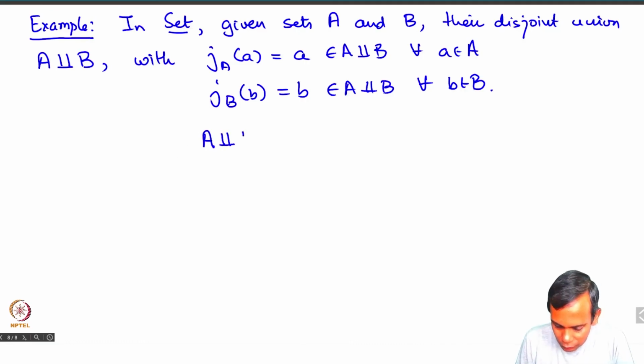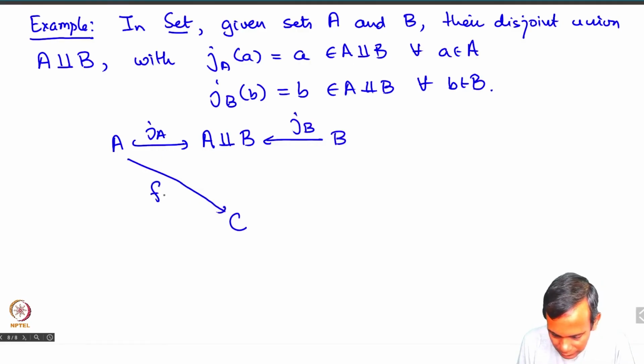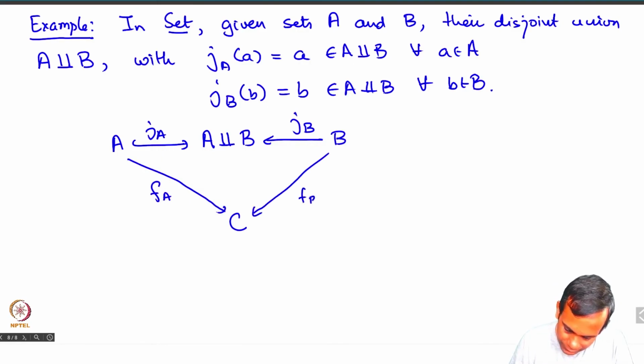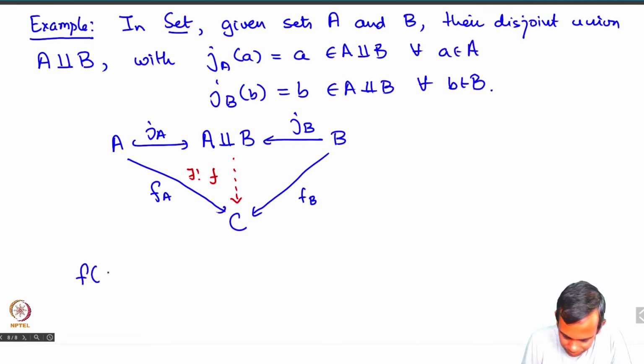So we have A disjoint union B, we have J_A, we have J_B from B, and now what we are saying is that given any set C together with functions F_A and F_B, now we are in the category of sets, so arrows are just functions, there exists a unique function F. And indeed, this function F has to be given by, let's just define it like this.